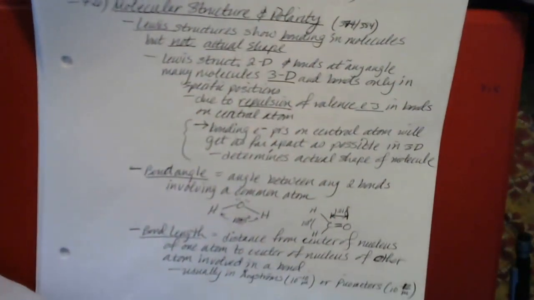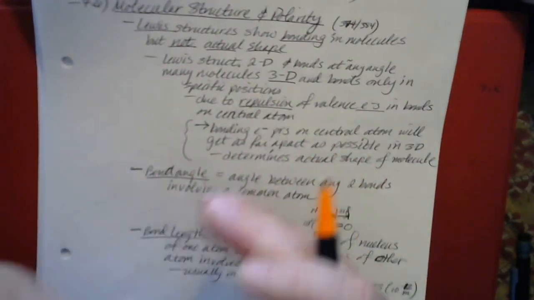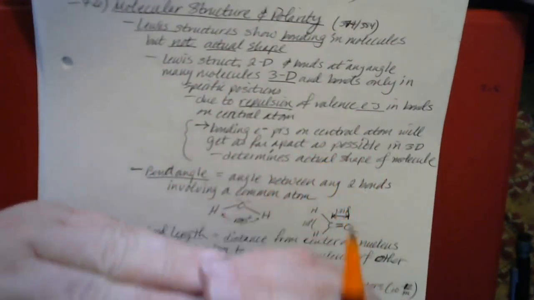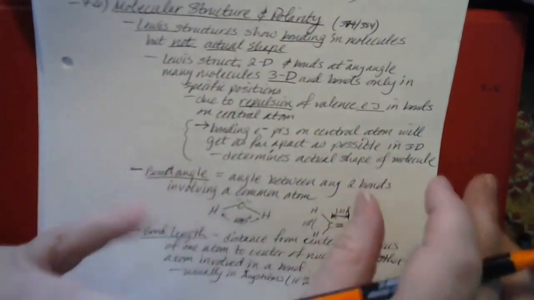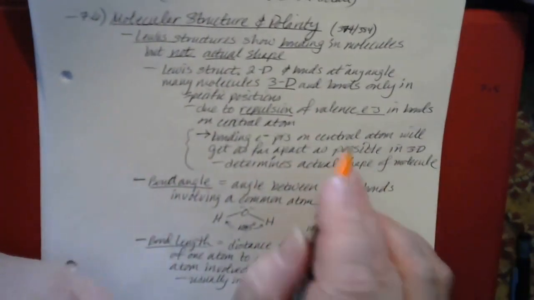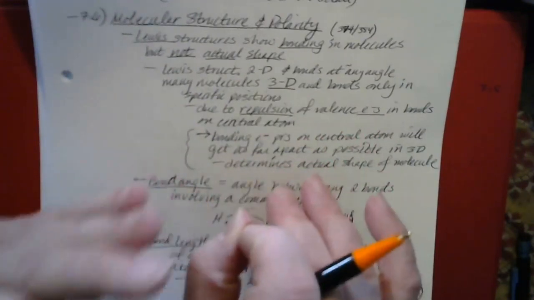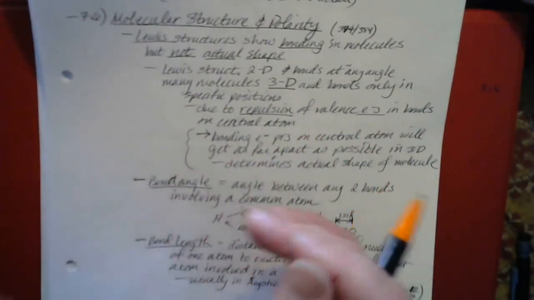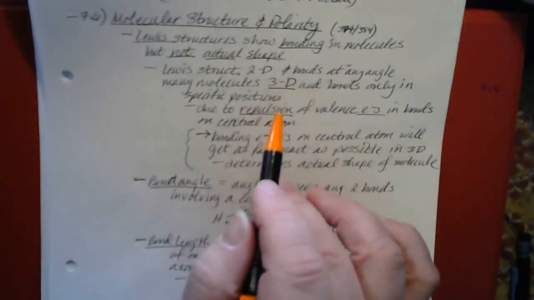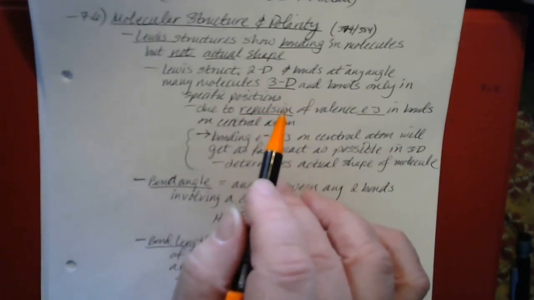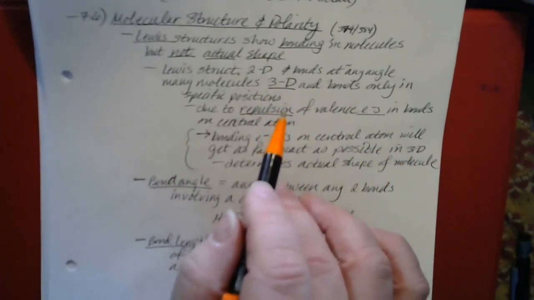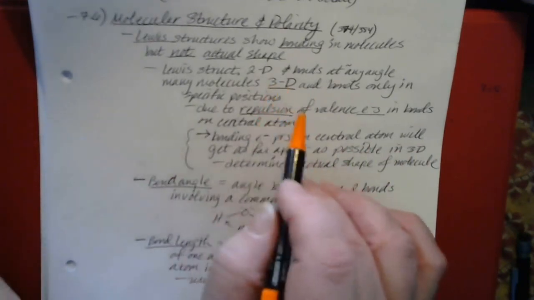Okay. The thing is that even at best, even if you do your best to draw the Lewis structure in a way that represents where the bonds would actually be, Lewis structures are two-dimensional, and a lot of molecules in real life are actually three-dimensional, because real life is three-dimensional. And the Lewis structure isn't really very good at showing you what three-dimensional molecules look like.